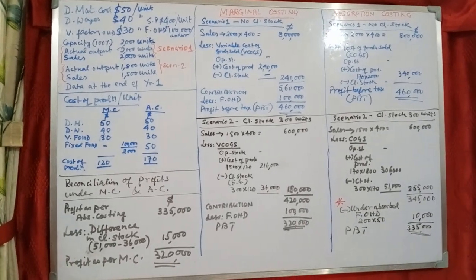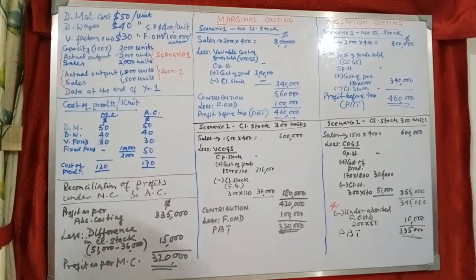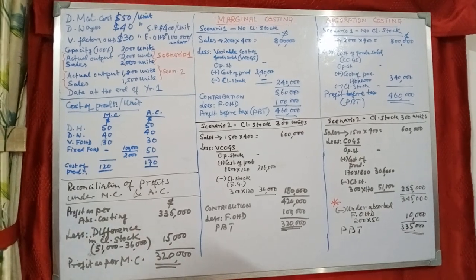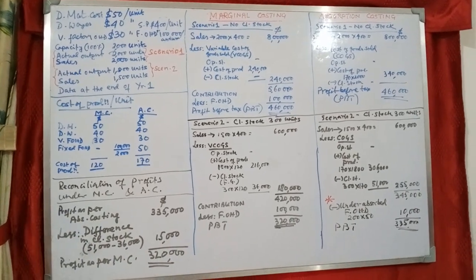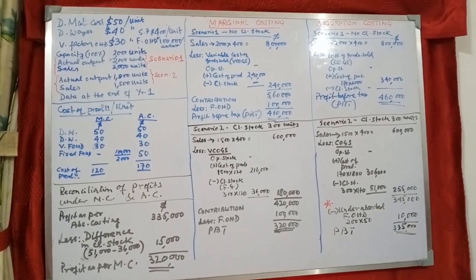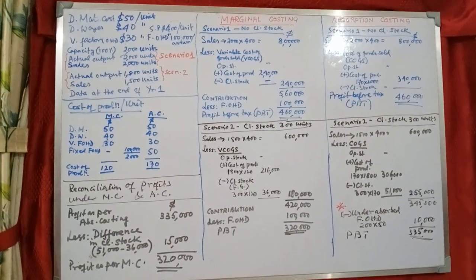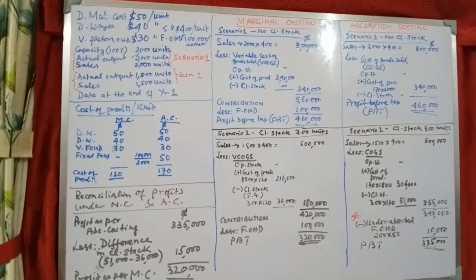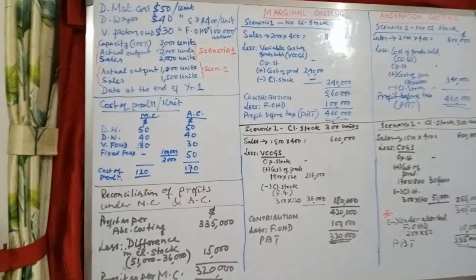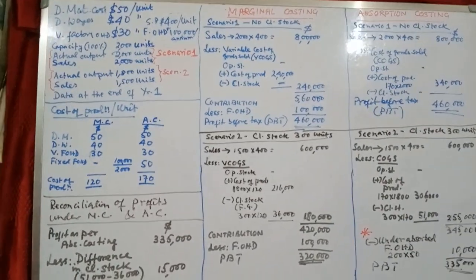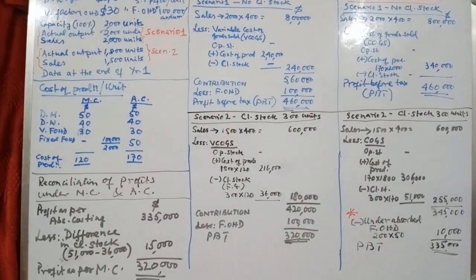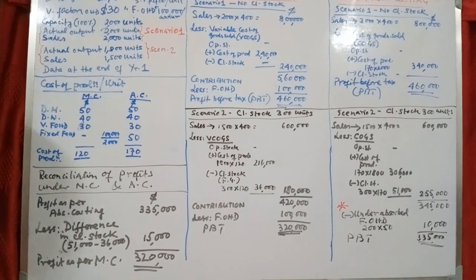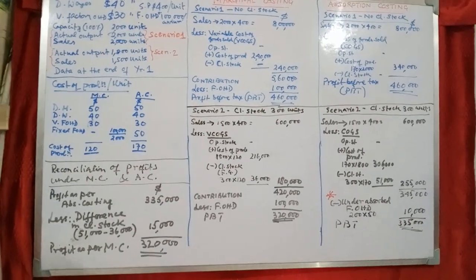There are many decision making situations like make or buy, whether to participate in a competitive market by lowering the price, whether an export order should be accepted, how to plan the profit, how to price the product.